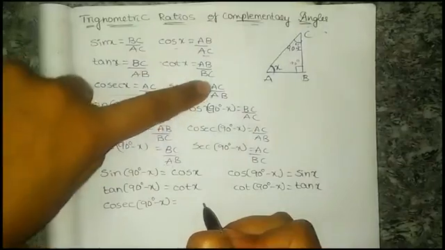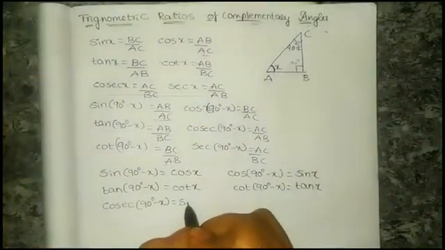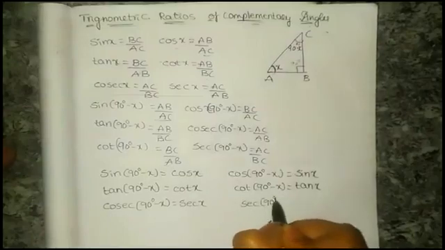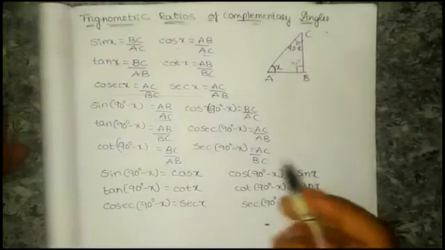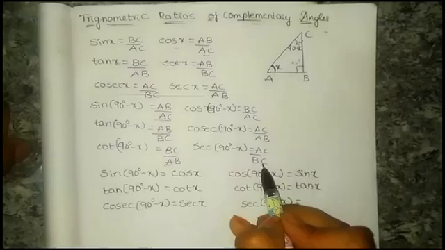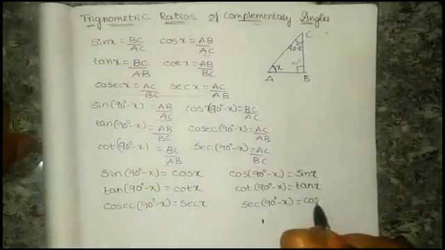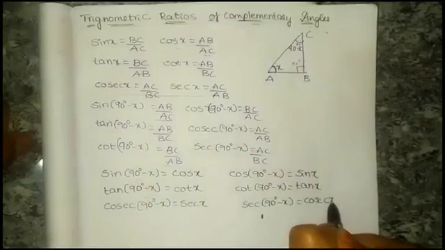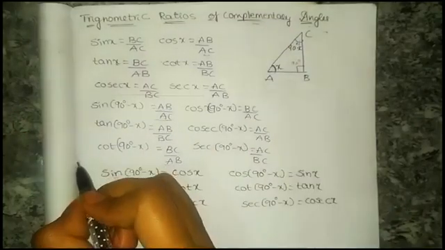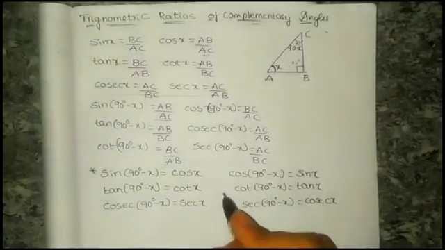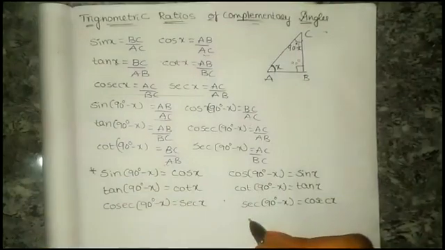Here secant X value is also AC by AB. So I can write secant X. Secant 90 minus X is equal to AC by BC. Here also AC by BC. So it is equal to cosecant X. These are the 6 important formulas which you have to remember to solve this exercise. Let's start our exercise.